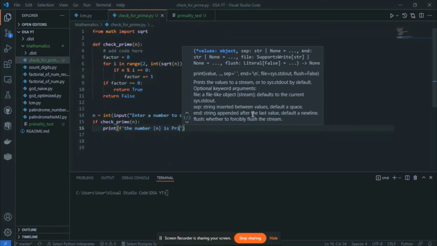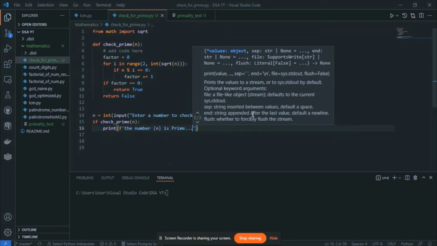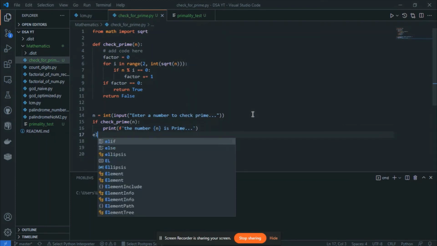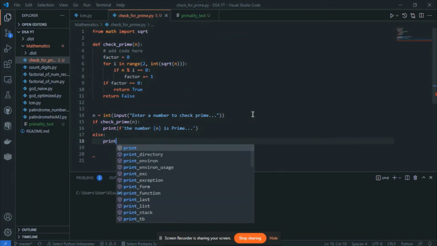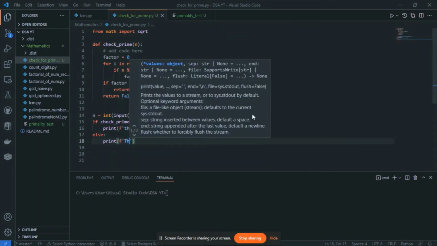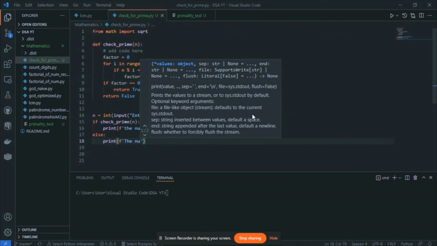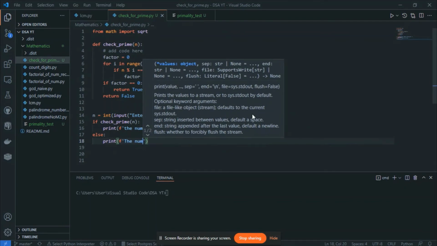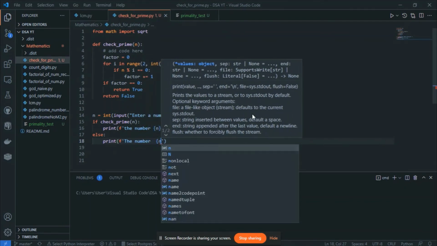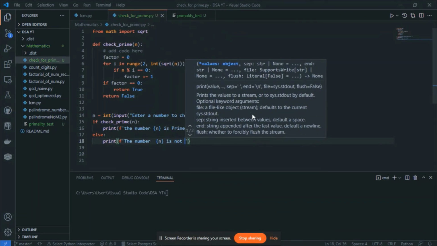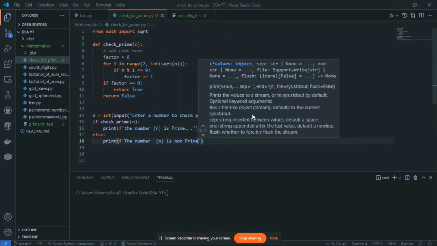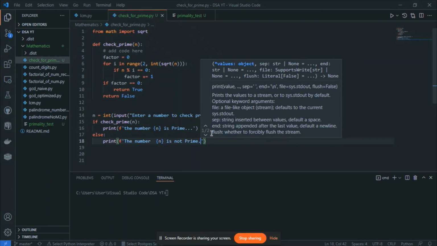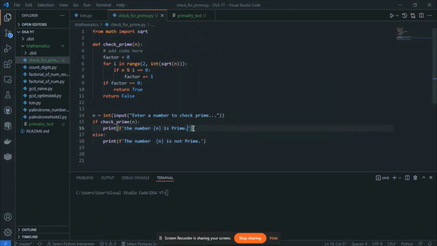If it is true. Else, we're going to have print again with an f-string, the number n is not prime, right? No issues over here, I guess.